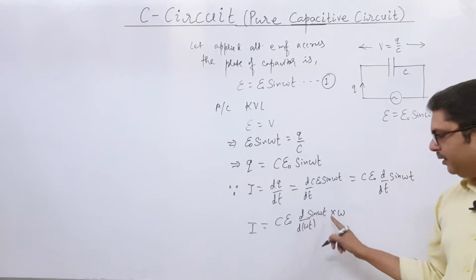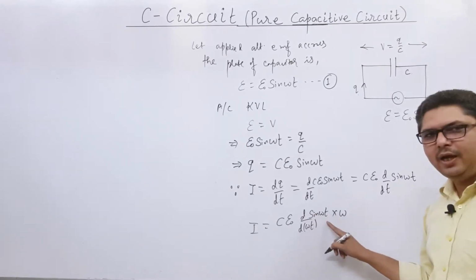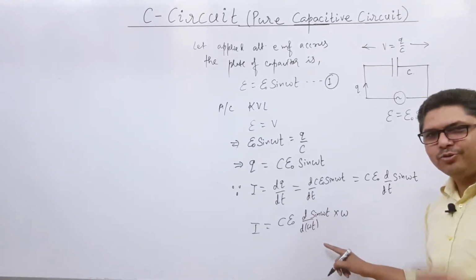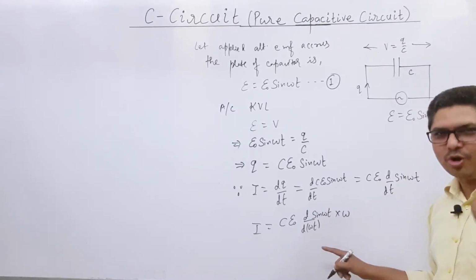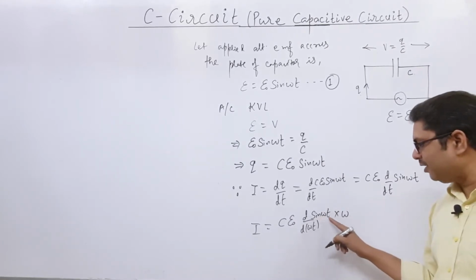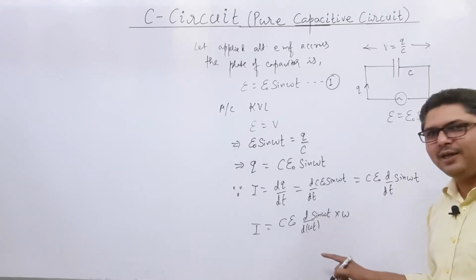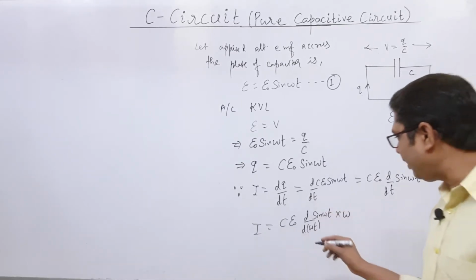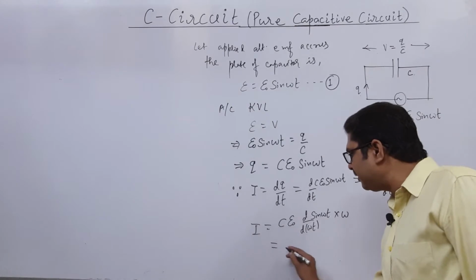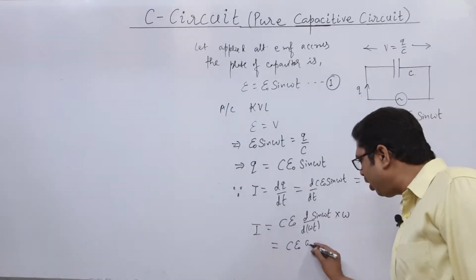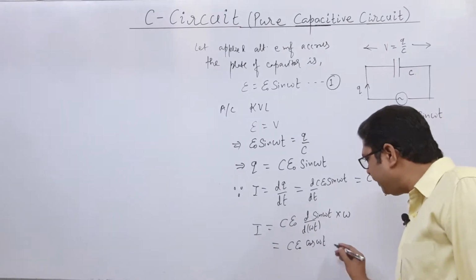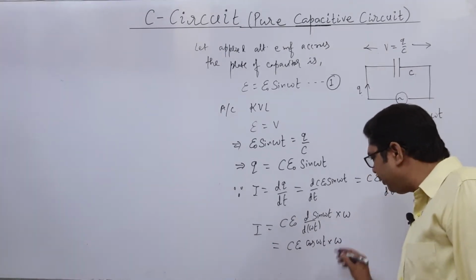So now it can be read as d sin omega t upon d omega t. We all know that d sin theta upon d theta equals cos theta. So here d sin omega t upon d omega t is cos omega t. So what we get is C E naught cos omega t into omega.